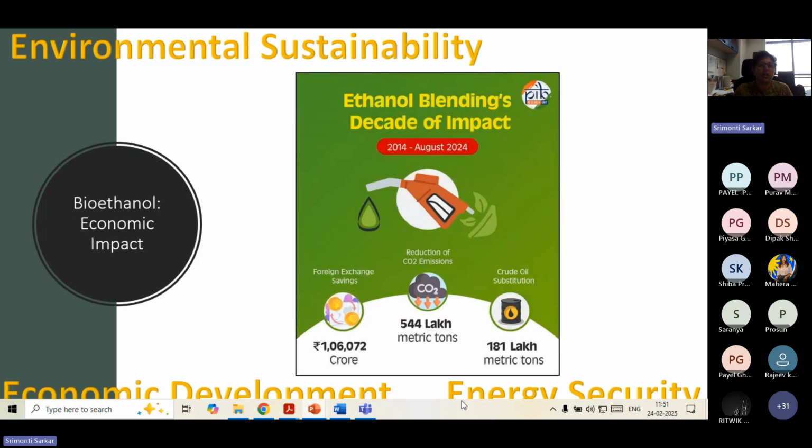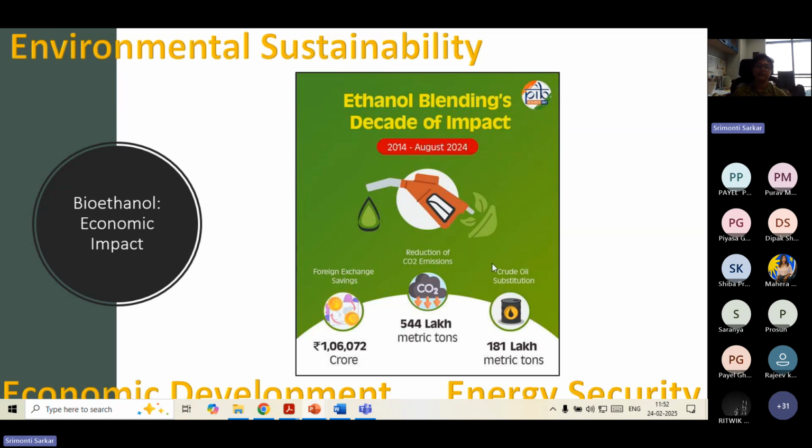Whether you're talking about environmental sustainability, economic development, or energy security, it's a win-win situation when we move to a biofuel based economy.